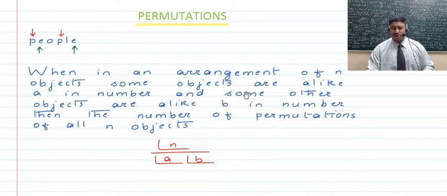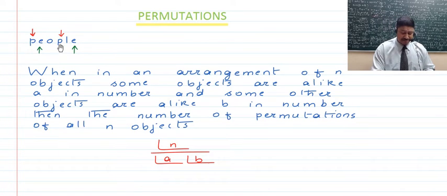Here we are talking about data where a few entries are getting repeated or are of the same type, and as such cannot be said to be all distinct. For the word PEOPLE, we find that P and P come twice, similarly E and E also come twice, and except that we are left with O and L, which come just once. So out of these n entities, two entities come two times each.